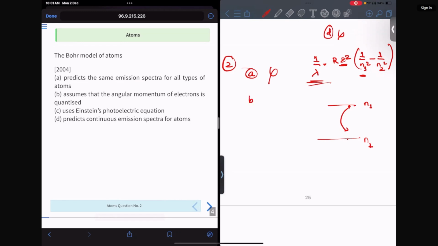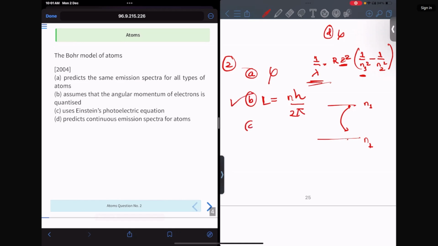Going with option B. It assumes the angular momentum of electrons is quantized. Yes, angular momentum of electrons is quantized. It is n h upon 2 pi. So option B is correct.